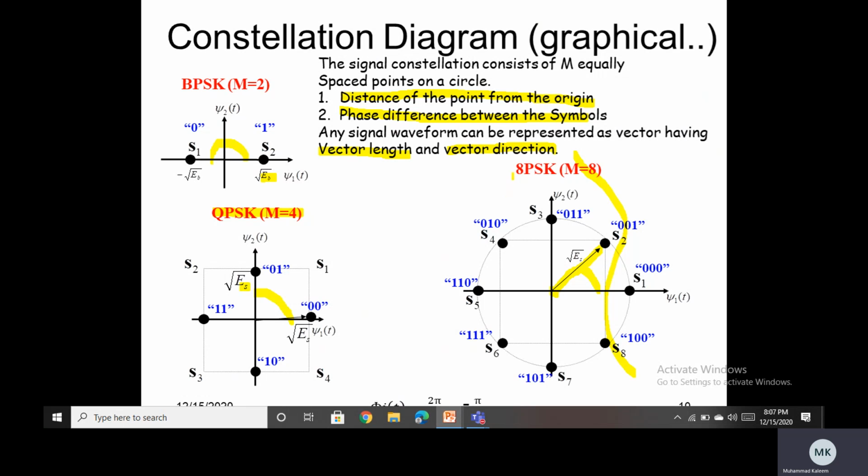In case of 16 PSK, M's value will be 16, so 16 symbols will be equally spaced in a circle, and the phase shift between the symbols will be pi by 8.